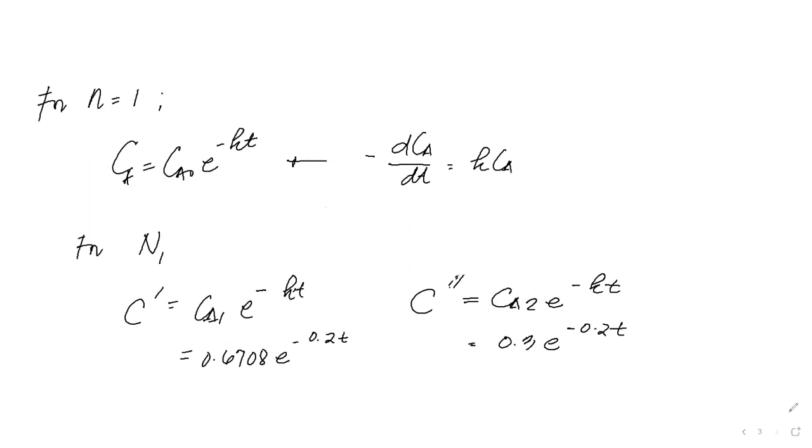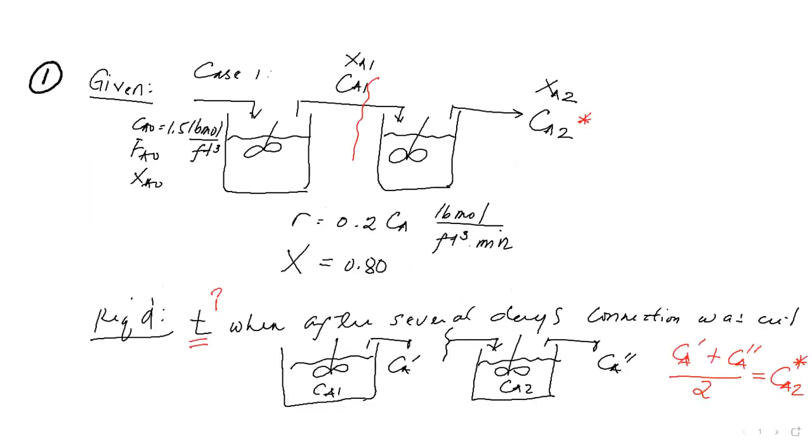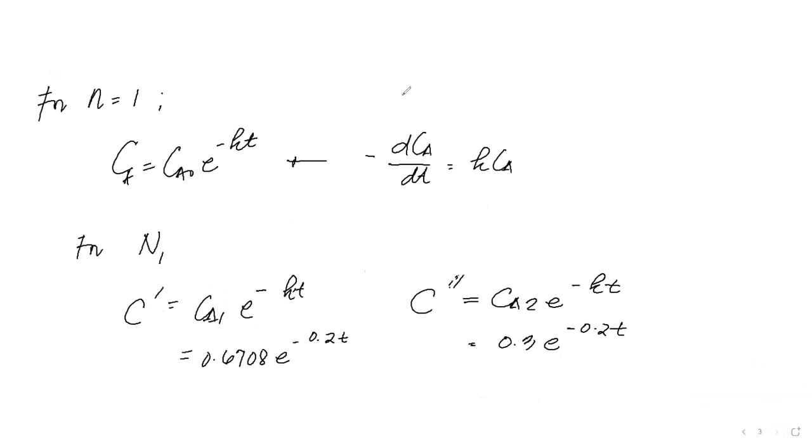Now, if you recall, we have written in the required information this particular scenario. So I'll place here your C prime plus C double prime divided by 2 should be equal to Ca2. So these two formulas here have the time.